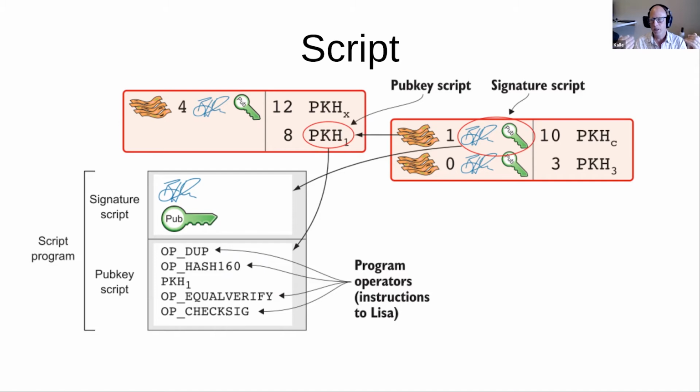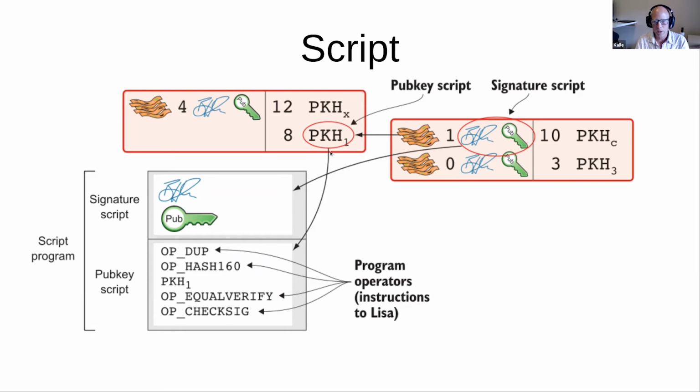And that provides input to the program in the pubkey script. We'll go through this in more detail, but this is what makes Bitcoin programmable money. It's a very common meme to say that it's programmable money, and this is the reason for that. The output contains a program, and the input contains input to that program.